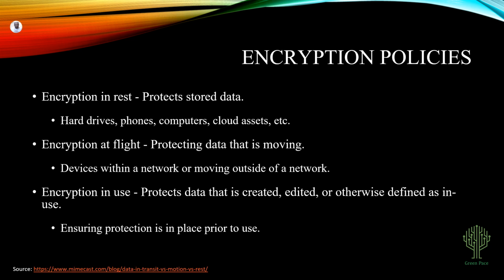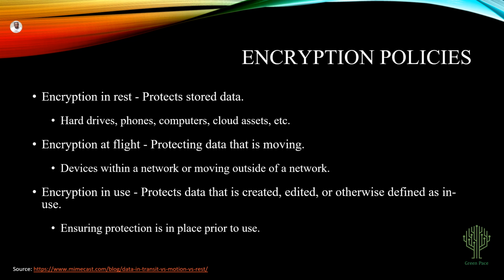Our encryption strategy covers three key areas: encryption in flight, which is described as all data transmitted over networks must be encrypted using TLS 1.2 or higher. Encryption at rest, which is described as sensitive data stored in databases or file systems, must be encrypted using AES 256.